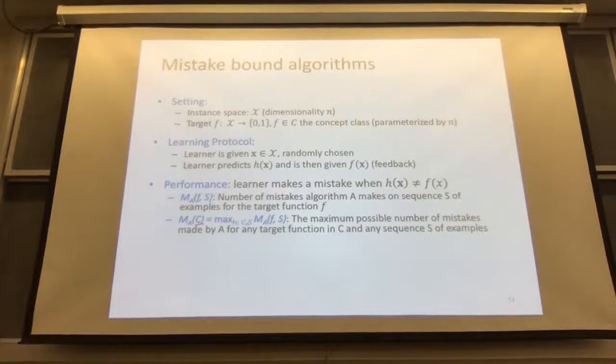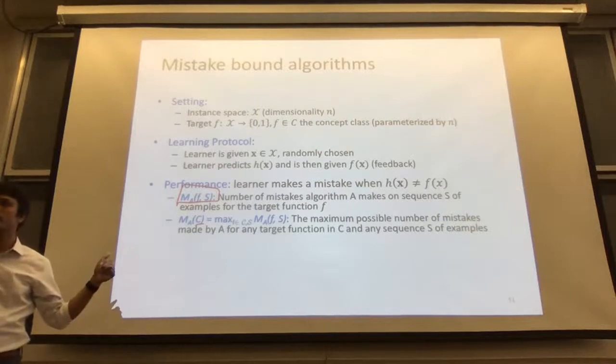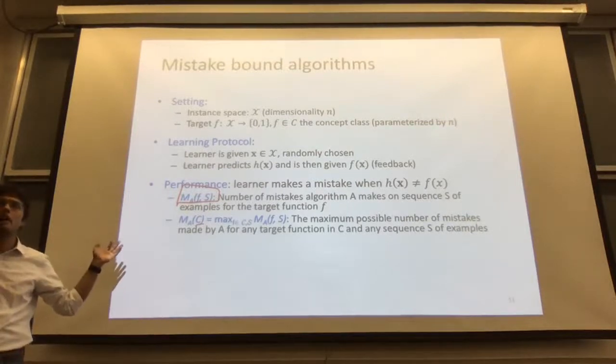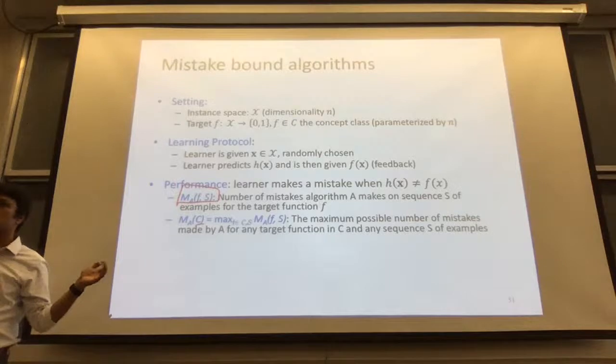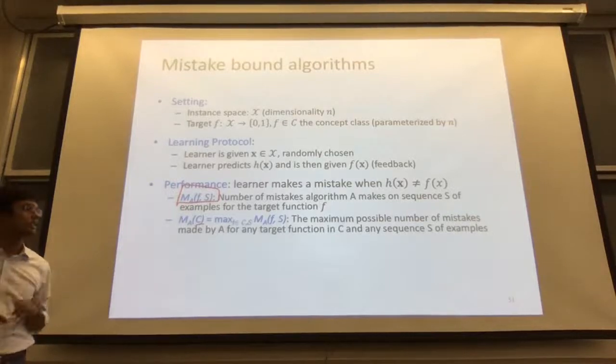So it picks the most difficult function and the most difficult sequence of examples, and we can ask how many mistakes the algorithm will make on this adversarially chosen function and sequence of examples. It's the same quantity, except now it's the worst function and the worst sequence of examples, and the algorithm has to figure out the true function.